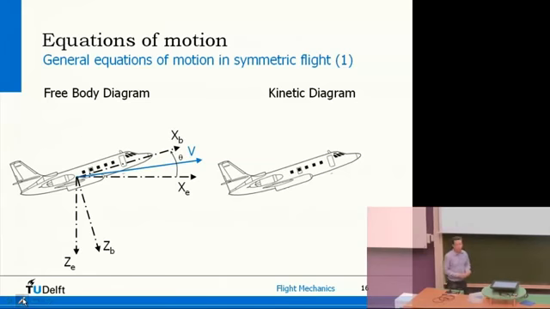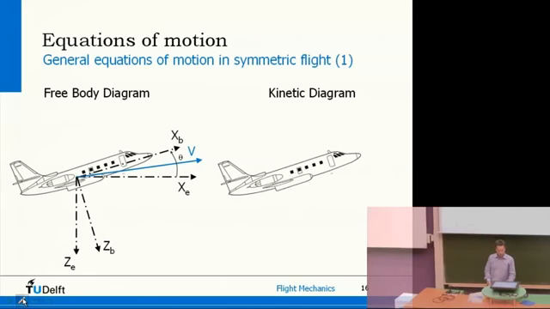So angle gamma, the flight path angle, and that simply tells us how steep we are climbing or how gradual we're descending. Now, finally, there's an angle between the aircraft and the airflow, and that of course is the angle of attack, which is relevant for the aerodynamics, and that tells you how much lift and drag the aircraft will generate.